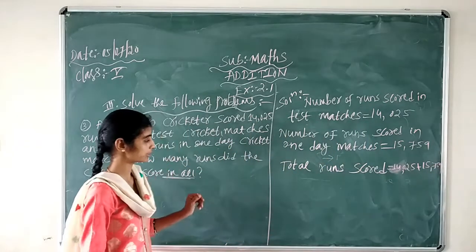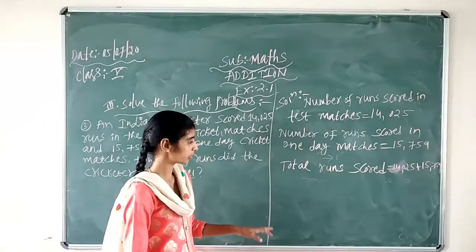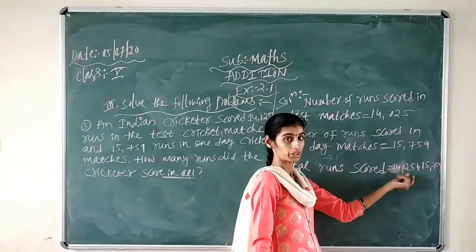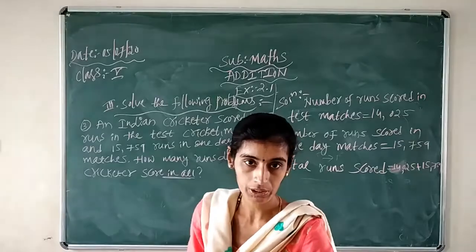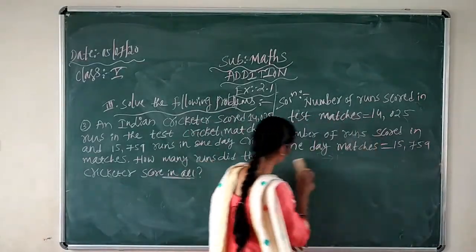I hope you all can see. So how are we going to get the total, children? Total runs scored equals 14,025 plus 15,000. Wait, it is not clear to all. I'll write one more time.